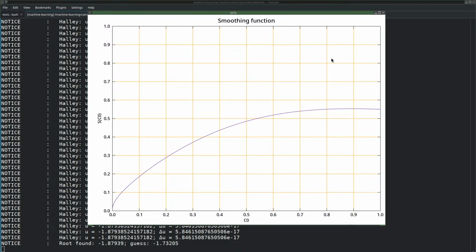This looks like a dented ellipse. Let me square it.